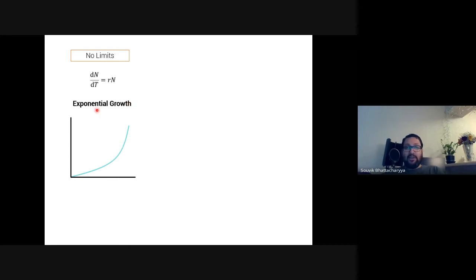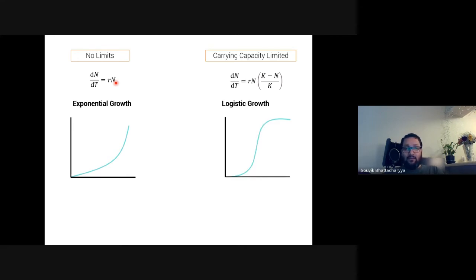That means in every situation, depending on the environment, there is a limit to the number of organisms of a species that can exist there. That is the maximum number, N max, also called K, or carrying capacity. And now you can change this equation by introducing a carrying capacity coefficient.